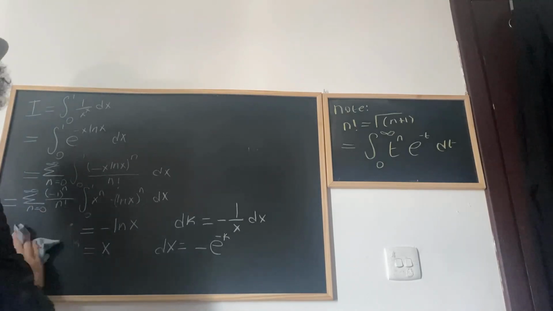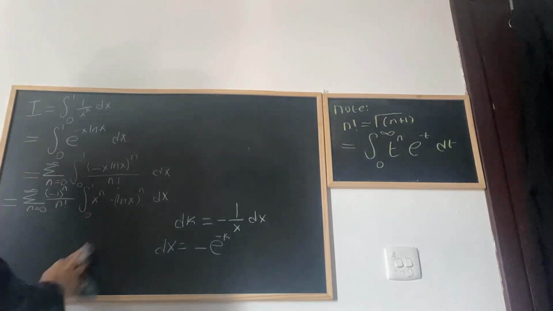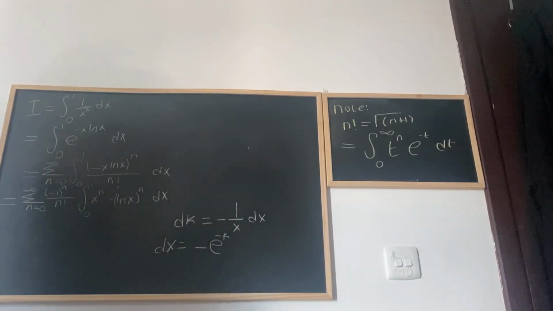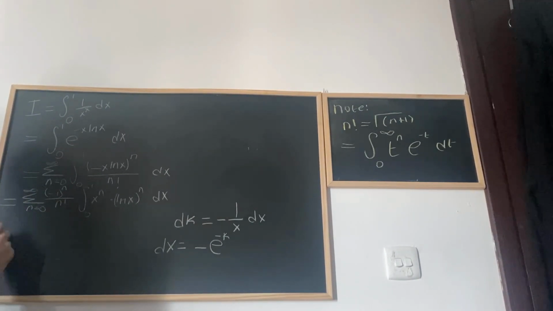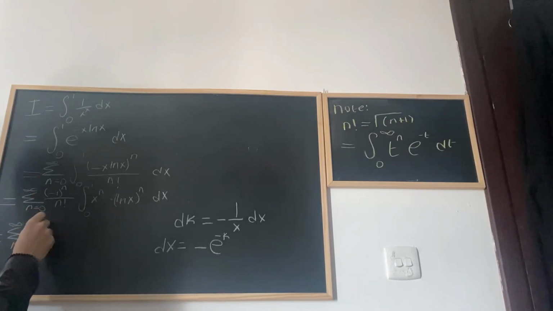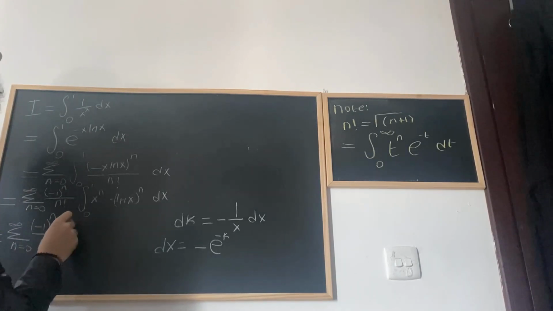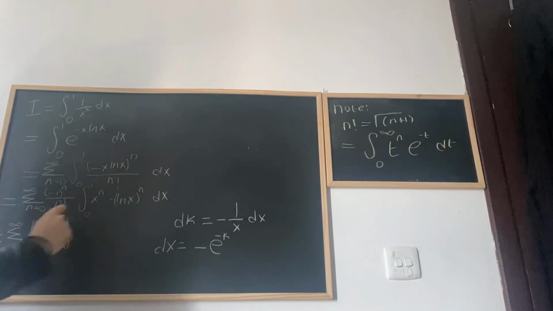So let me just erase this to create some space. So this is equal to the sum from n equals 0 to infinity of negative 1 to the power of n over n factorial multiplied by the integral. So we changed the bounds.